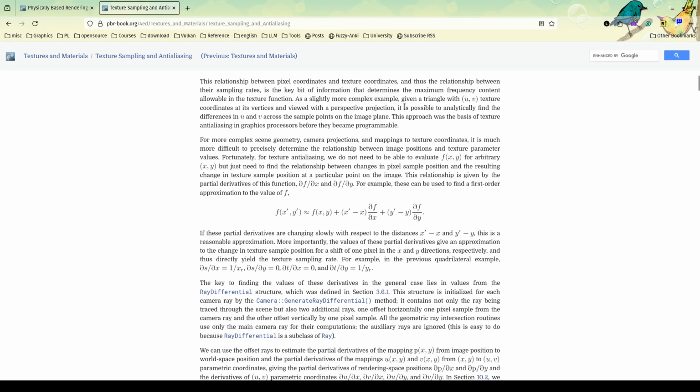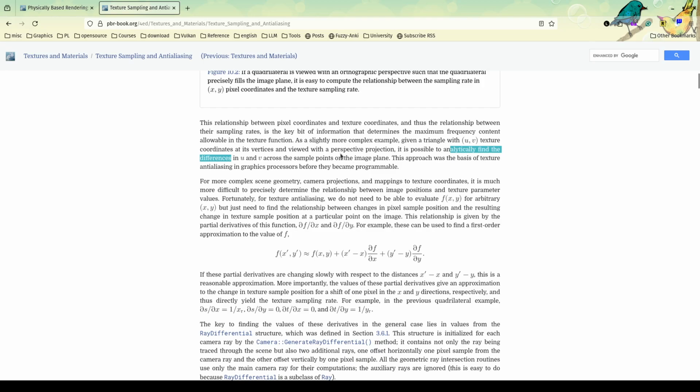A slightly more complex example: given a triangle with (u, v) texture coordinates at all its vertices and viewed with perspective projection, it is possible to analytically find the difference in (u, v) across the sample points on the image plane. And this approach was the basis for texture anti-aliasing in graphics processors before they became programmable.